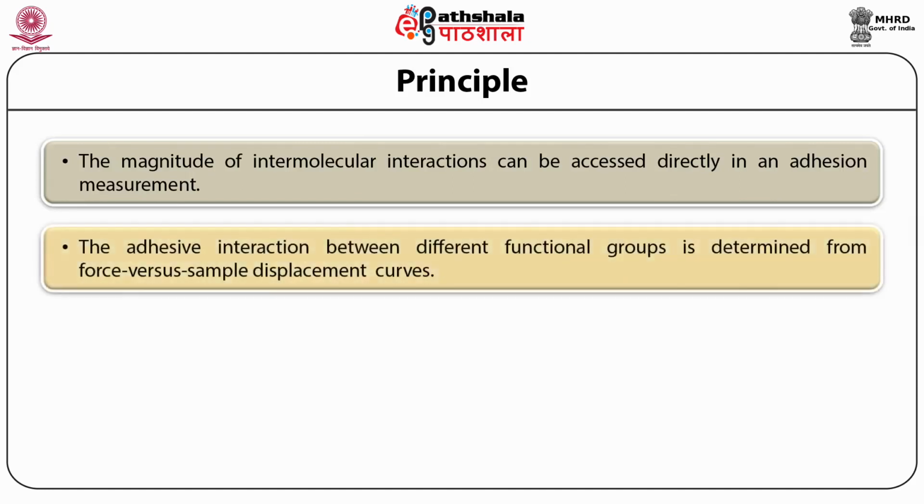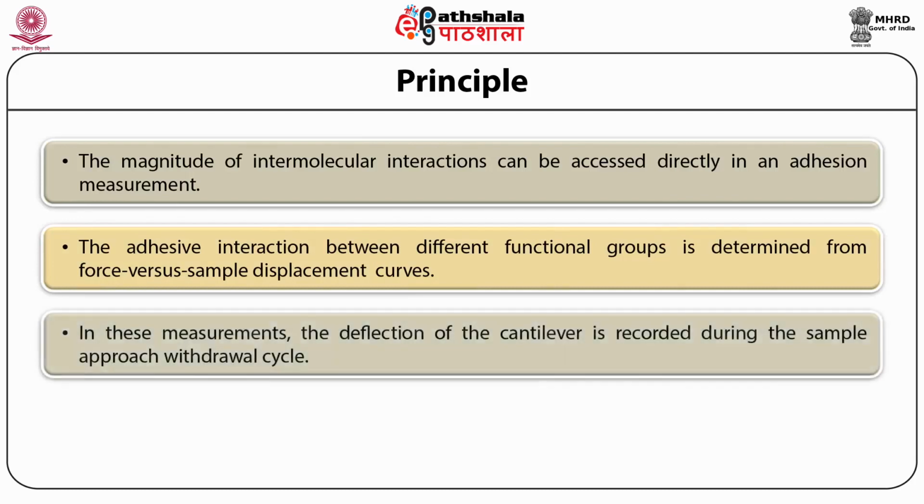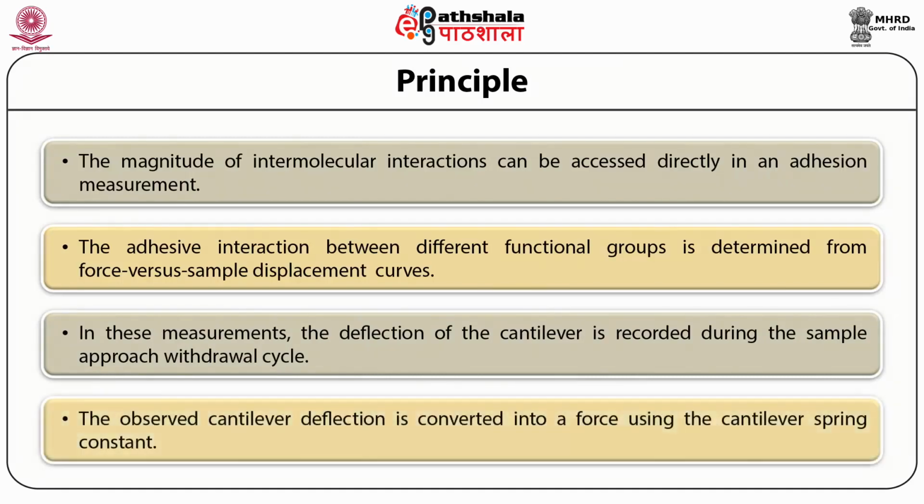The adhesive interaction between different functional groups is determined from force versus sample displacement curves. In these measurements, the deflection of the cantilever is recorded during the sample approach-withdrawal cycle. The observed cantilever deflection is converted into force using the cantilever spring constant.